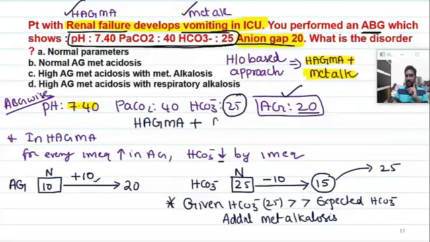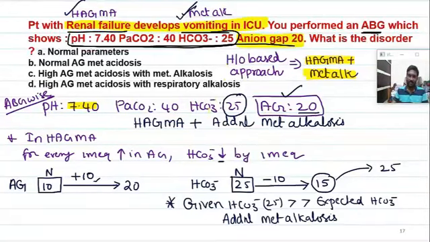So there is some other disorder that has increased the bicarbonate. So there is additional metabolic alkalosis. Once again, see the history. Is there any disorder capable of causing metabolic alkalosis? Yes, vomiting. So the best answer is high anion gap metabolic acidosis with additional metabolic alkalosis. So the best answer is option C.